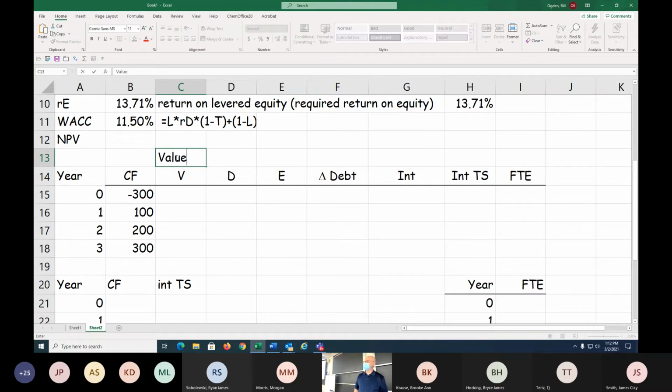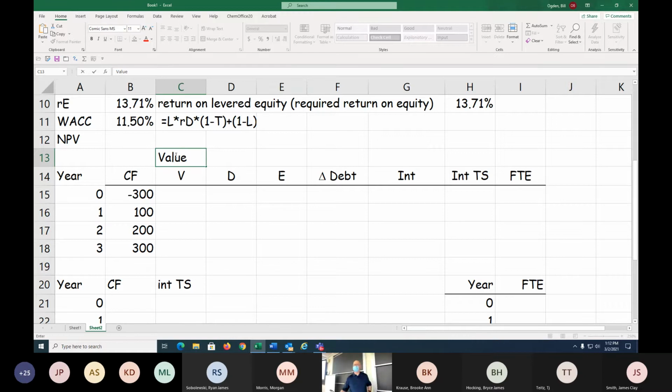Notice what words are missing compared to what we've done in the past. This is value, not net present value. How do you value any asset that there is? It's the present value of all future expected cash flows discounted at a rate appropriate for the risk, right?